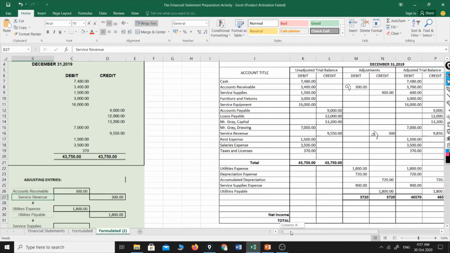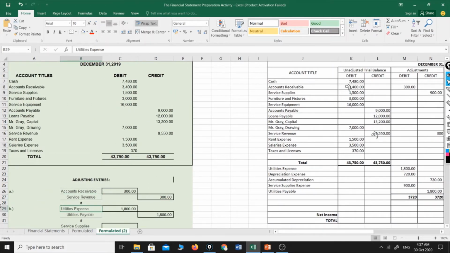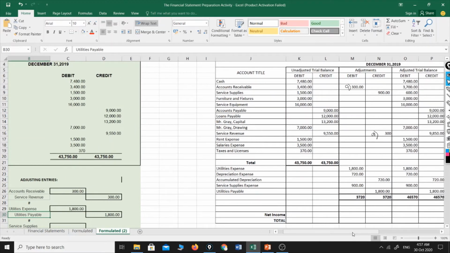Next one, letter B, is the adjustment for the utilities expense here. And then utilities payable is our credit. So this time, let's put also B here so that we can easily locate our adjusting entries. Okay, utilities expense here.